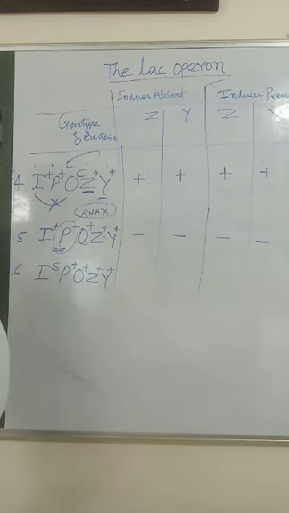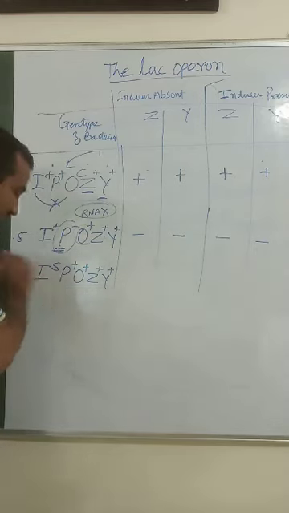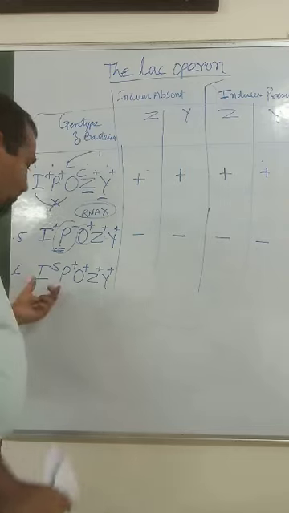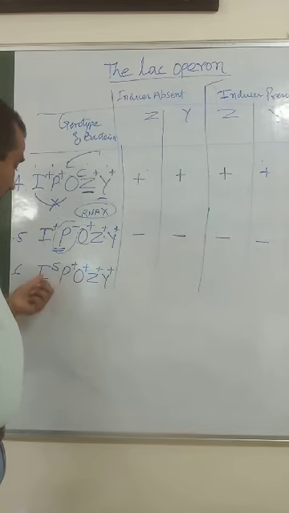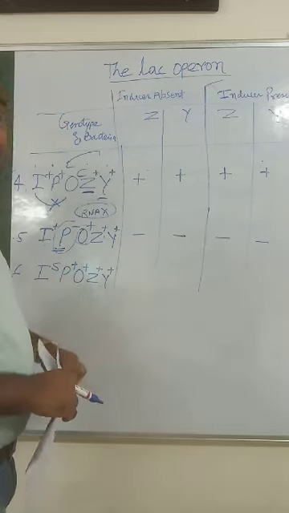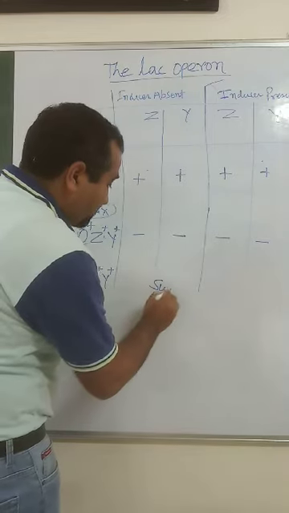So what happens? What does this S mean? So this is a type of mutation in regulator gene, and this is known as super suppressor mutation.